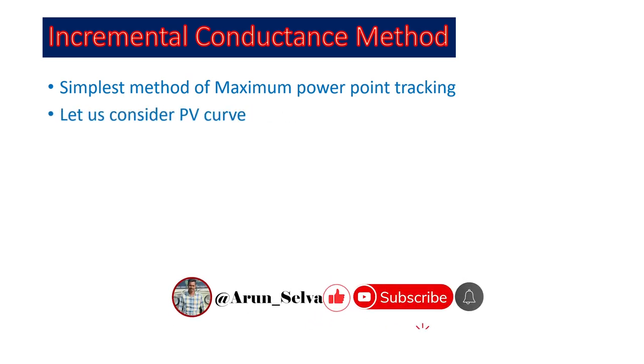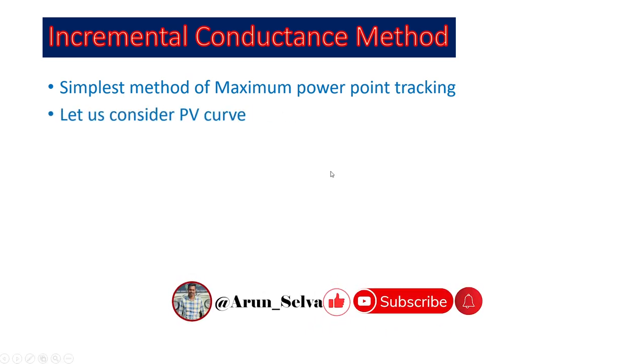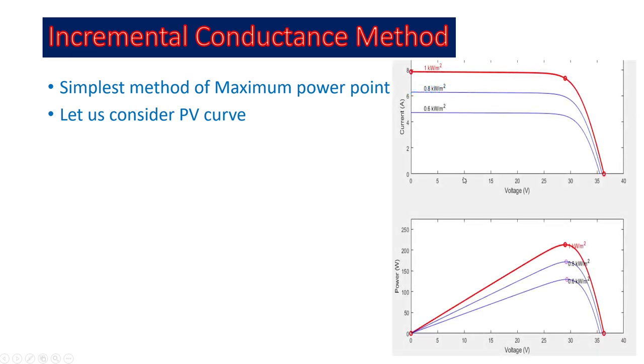Let us consider the PV curve. When we plot the current versus voltage and power versus voltage characteristics of the solar panel, we can clearly observe a very distinct shape. At low voltages, the solar panel operates in the constant current controlled region. The current is almost constant and power gradually increases with respect to voltage.